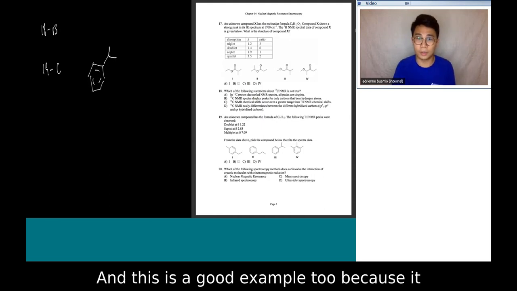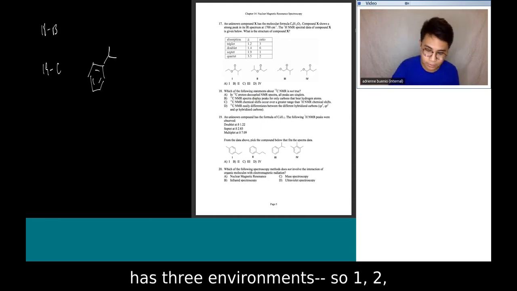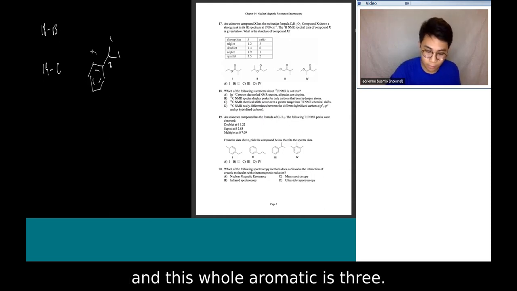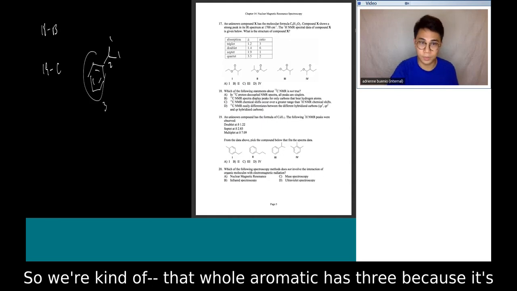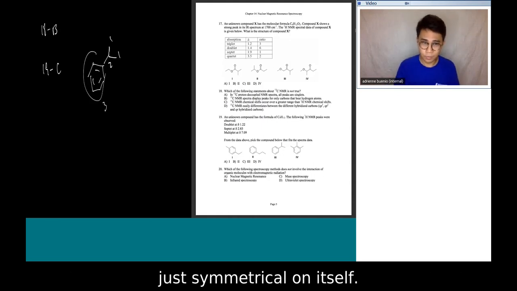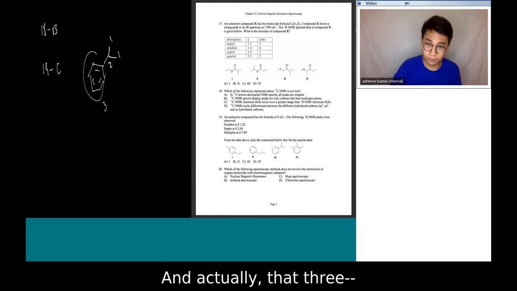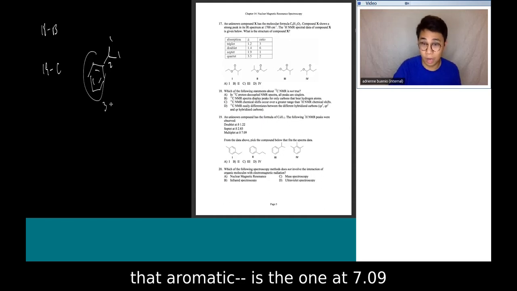And this is a good example too, because it has three environments, right? So 1, 2, and this whole aromatic is 3. So we're counting that whole aromatic as 3, because it's just symmetrical on itself, right? And actually, that aromatic is the one at 7.09, right?